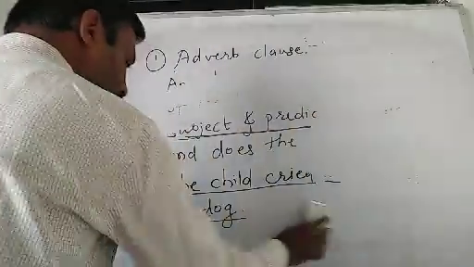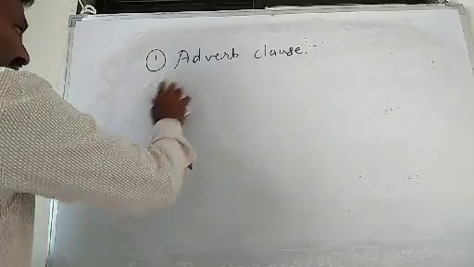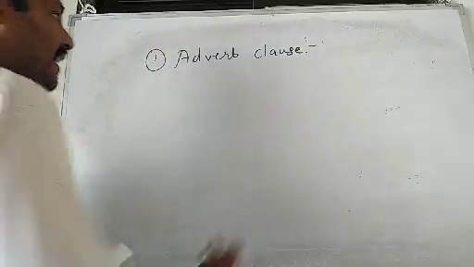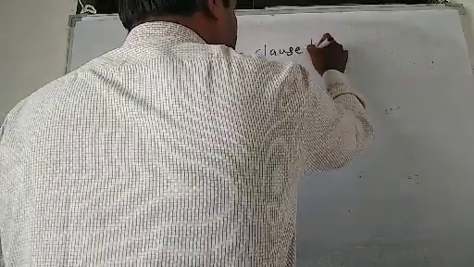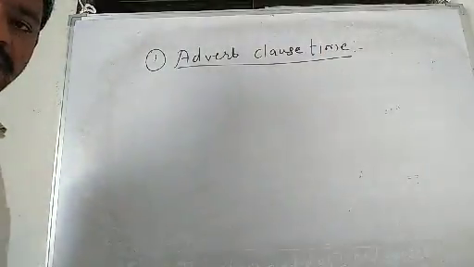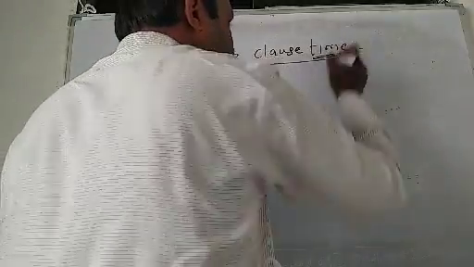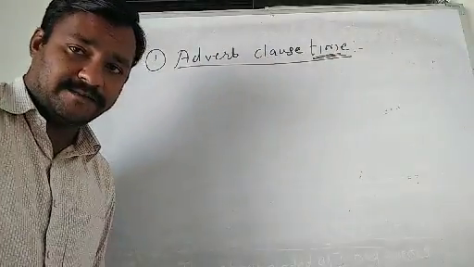The first type of adverb clause is the adverb clause of time. According to the name of this type, you must have got an idea of how to identify it. As I told you, this gives more information about the time of the action.